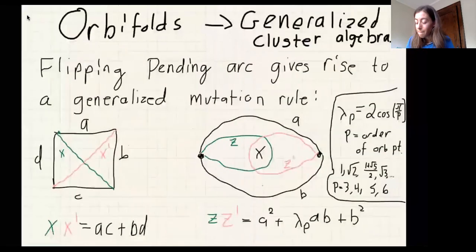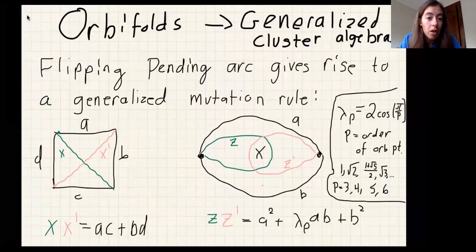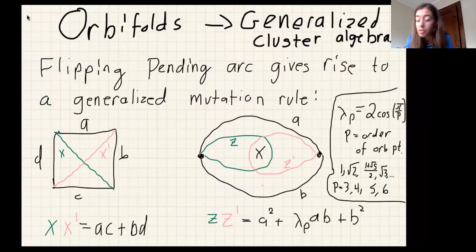Okay. So these pending arcs, right, they look a little different from a normal arc. And the rules end up being a little different too, which actually orbifolds correspond to something called generalized cluster algebras. And this is essentially why. So when we mutate / flip an arc, the Ptolemy relation is this 2-term thing.